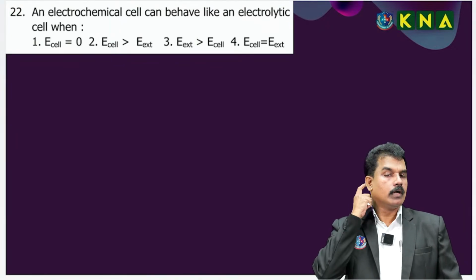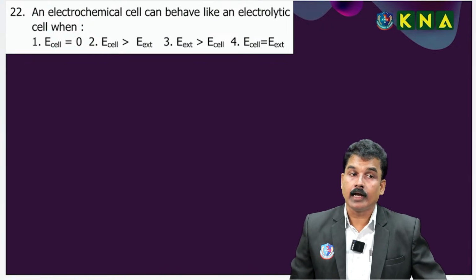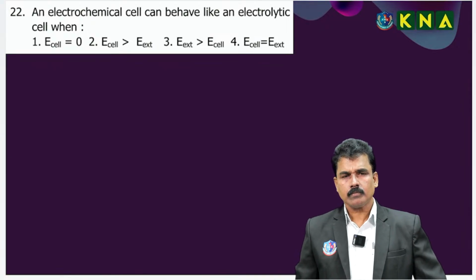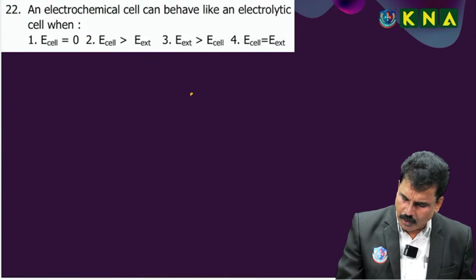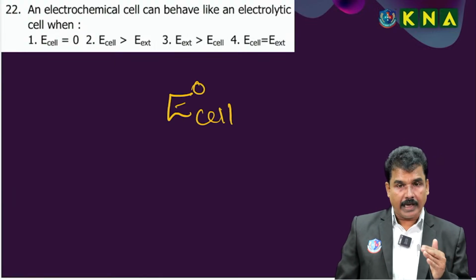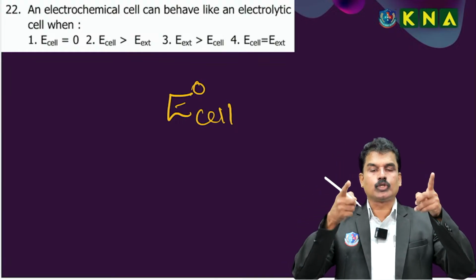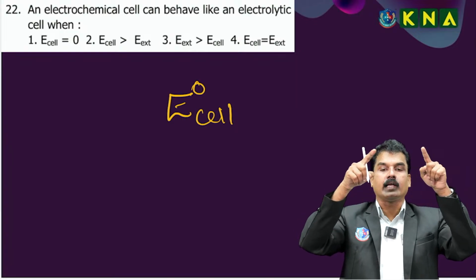Okay. Now, next question. An electrochemical cell can behave like an electrolytic cell. An electrochemical cell has one E0 value, the standard electrode potential. Then we give an external voltage outside, connecting the two half cells.